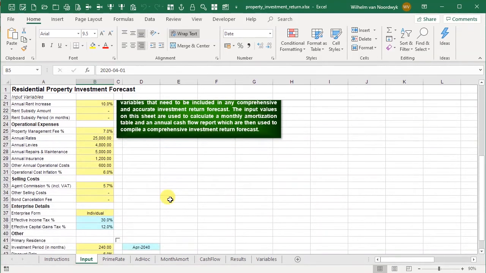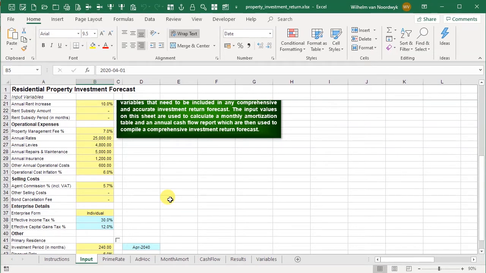Operational expenses: you have a property management fee that you can specify as a percentage of the rent, and then annual expenses for rates, municipal rates, levies, repairs and maintenance, insurance, and any other annual operational costs.